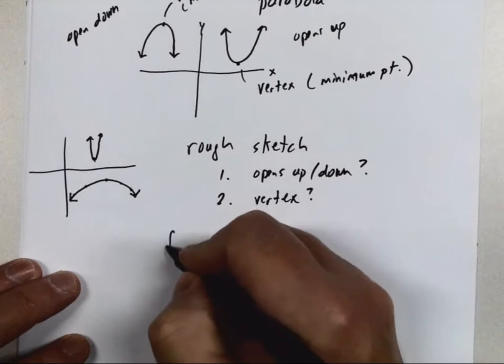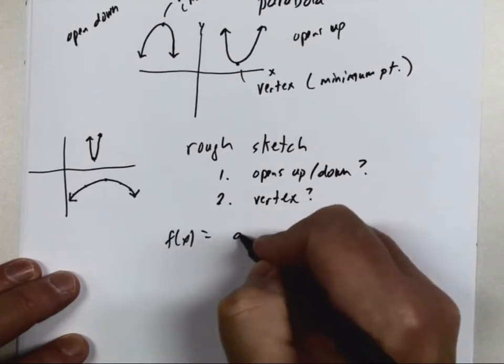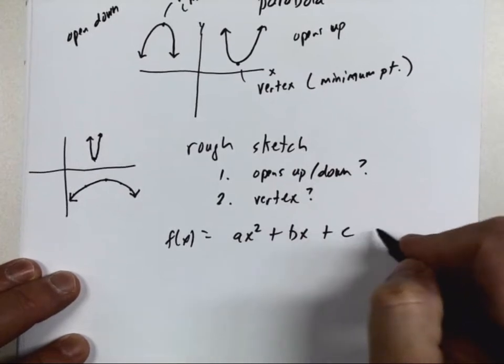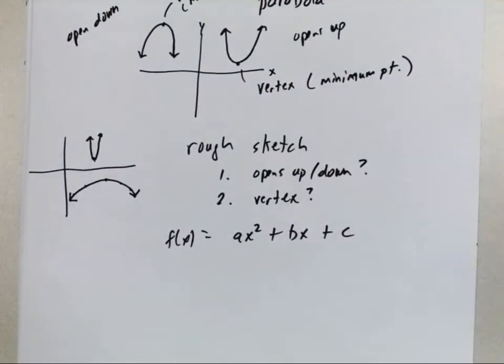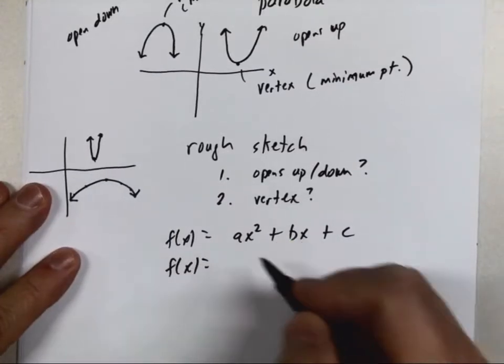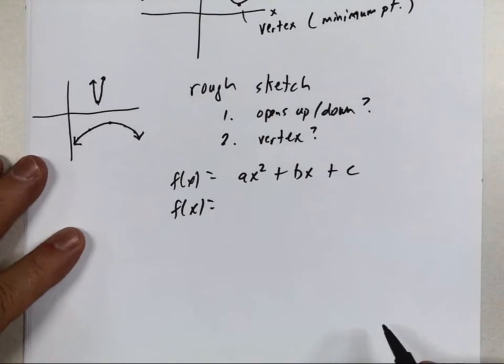So once again, I'm going to write out the quadratic equation in what we call the general form, where the a, the b, and the c are the numbers. So for instance, let's go back to the same equation we've been using a lot when we do these examples.